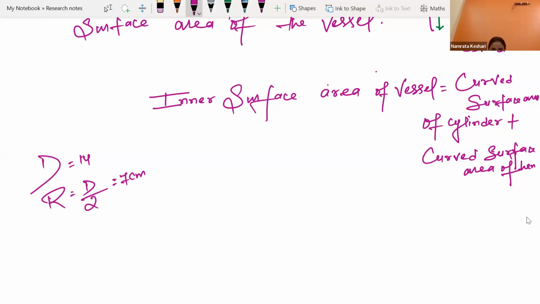So we'll be using the height as 6. I got the answer. Okay, tell me what you are getting? I got 572 centimeter square. Okay, everyone please check it. Are you getting the same?